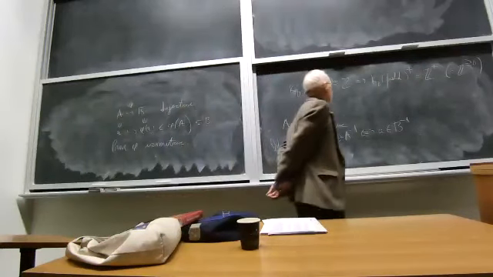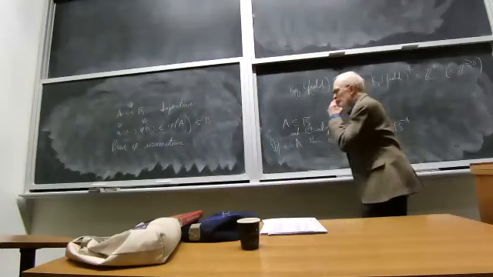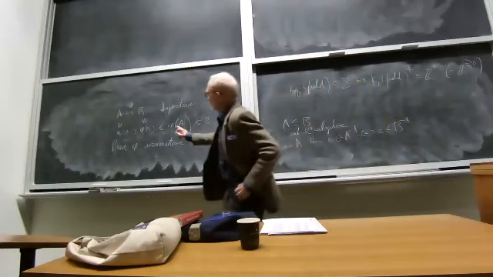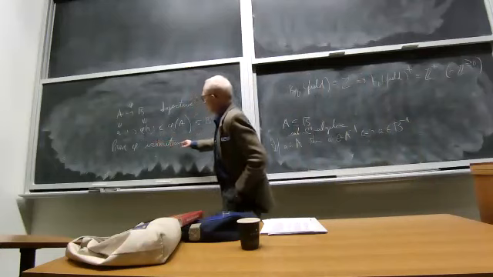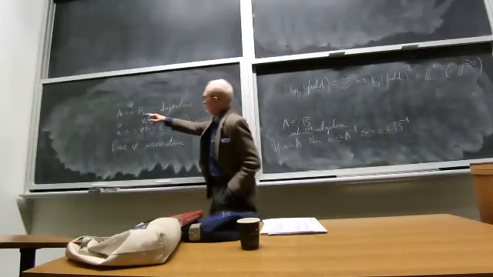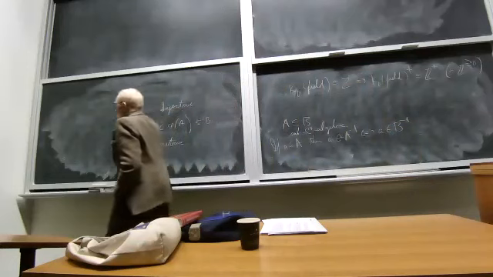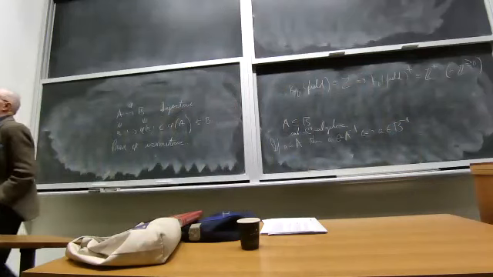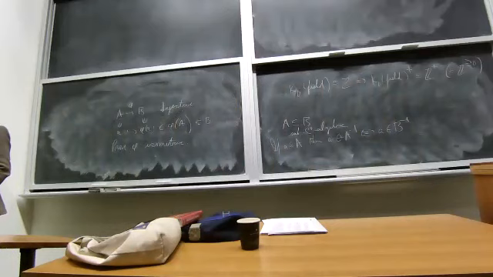Okay, so now let me say what the strategy is to prove that an injective C-star algebra homomorphism is isometric. In one sentence, the effective strategy is to reduce to the commutative case.